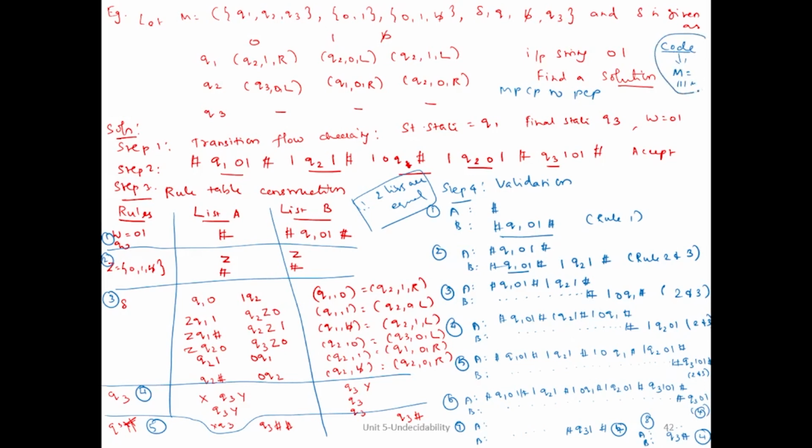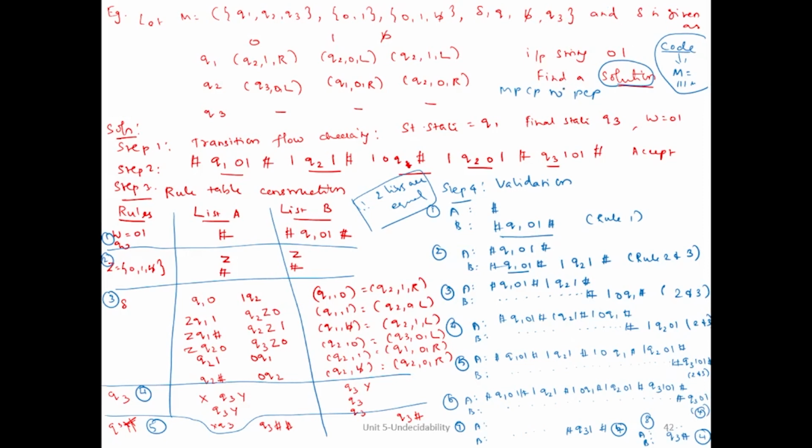I already gave the solution for the encoding format, so please refer to the encoding of Turing machine for the same question. The question is given as it is, but instead of find a solution, if they ask find a code, we should use the encoding technique.